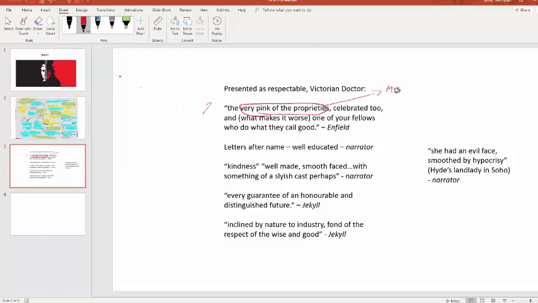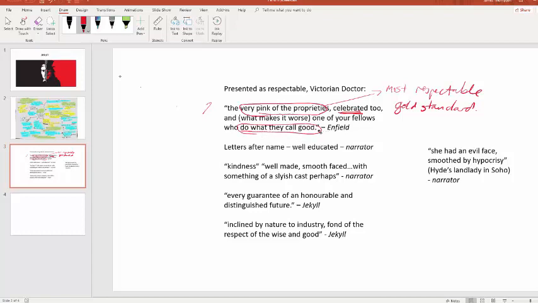Most respectable, or the kind of gold standard, the highest standard of person. Okay. Celebrated, so he's a celebrated person, a well-known person, but in a good way in the community. And he says what makes matters worse is he's one of your fellows who do what they call good. So he does what they call good.